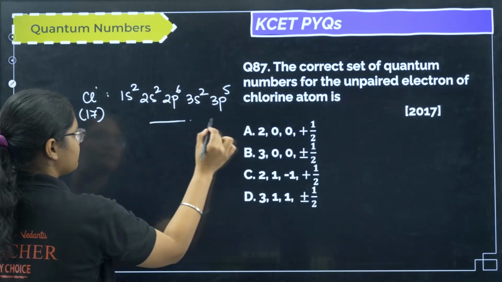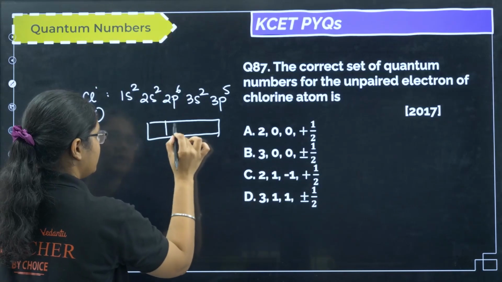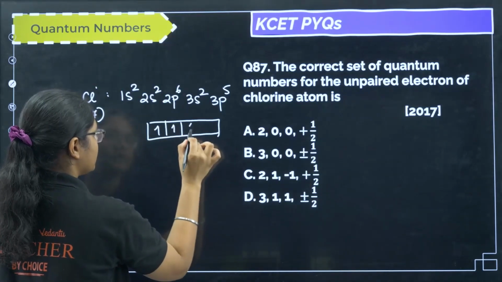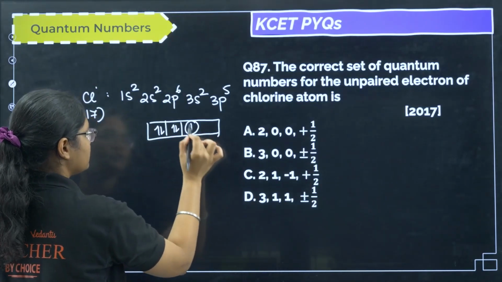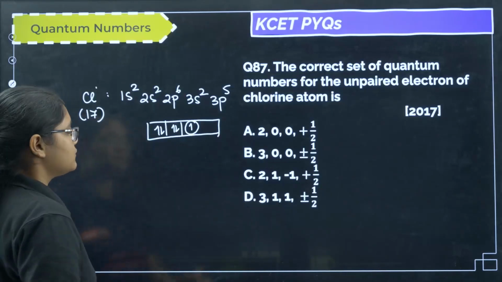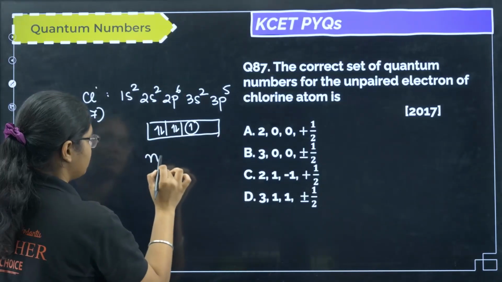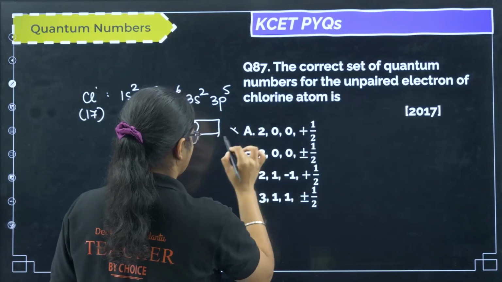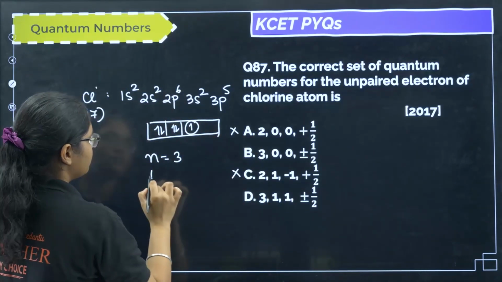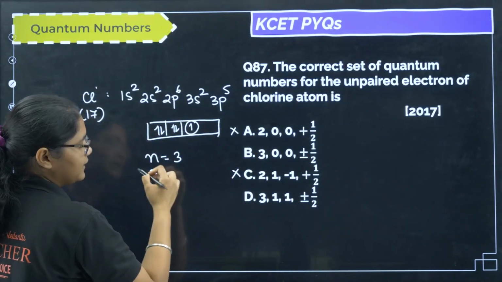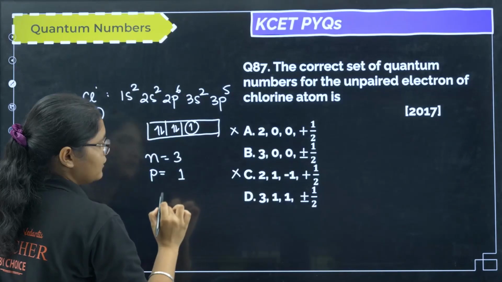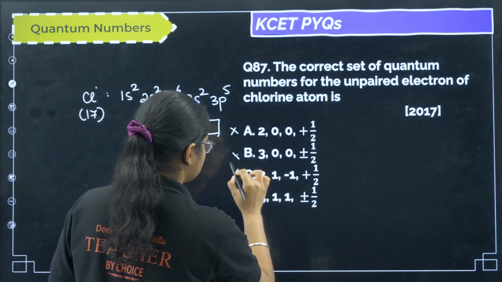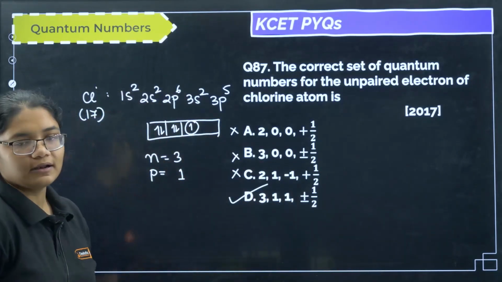Now if you see 3p5, the last electron, it is 1, 2, 3, 4 and 5. This electron in 3p5 is present here. So what is the value of n here? N value will be 3. So with n value 3, I can eliminate these two options. What is the l value? For p the l value is 1. So I have 3 and 1, so that is this one, option number D.